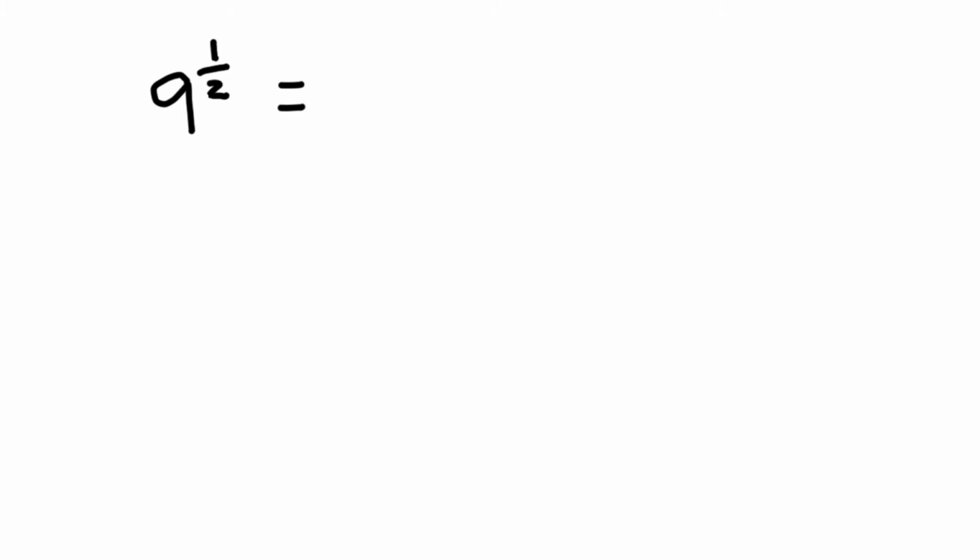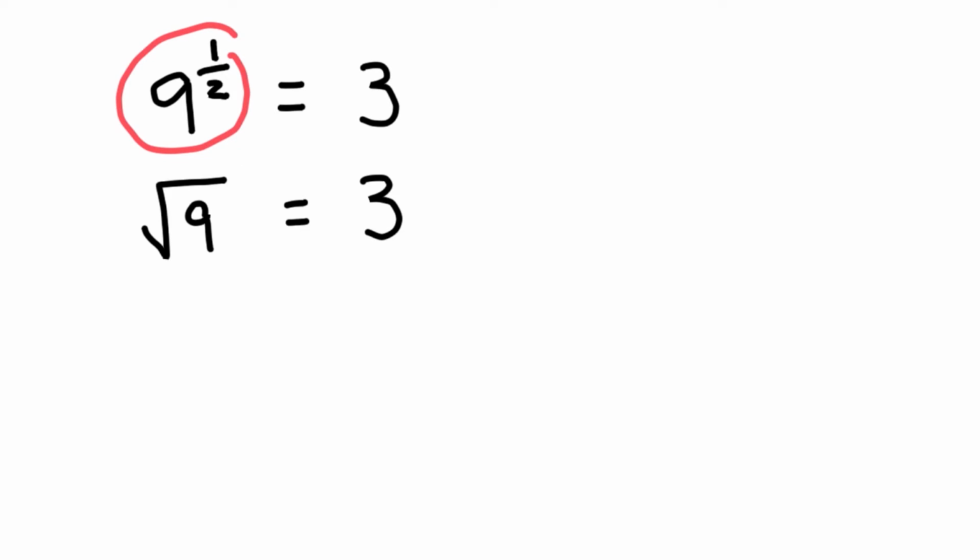In your calculator, you would get 3. But we've already seen that the square root of 9, or what number times itself is 9, is also 3. So these two things are the same. 9 to the power of 1/2 is the same as the square root of 9. They give you the exact same answer.